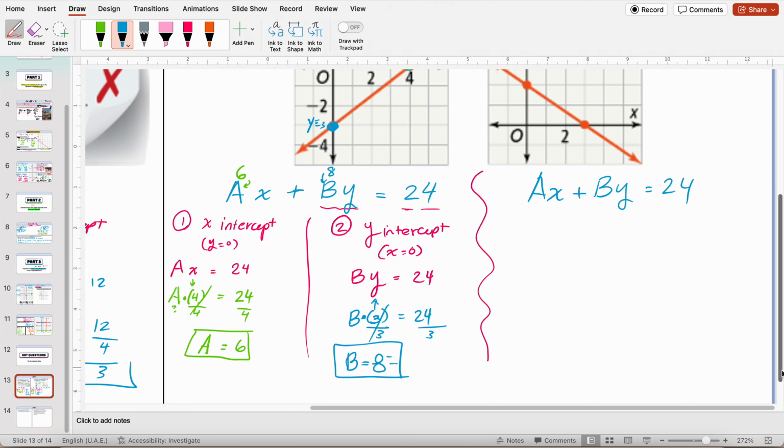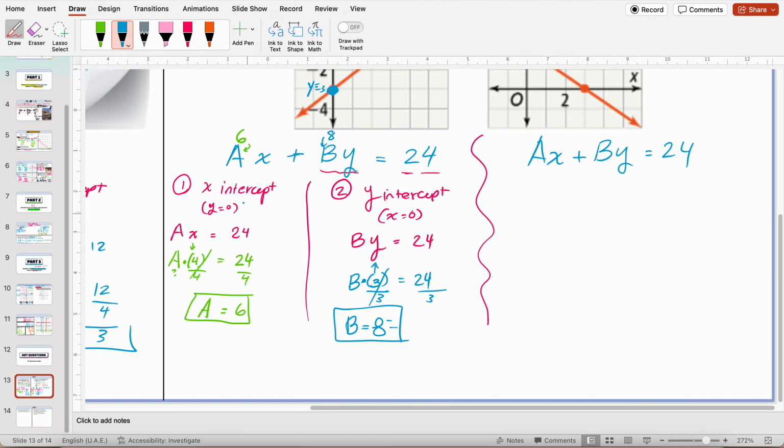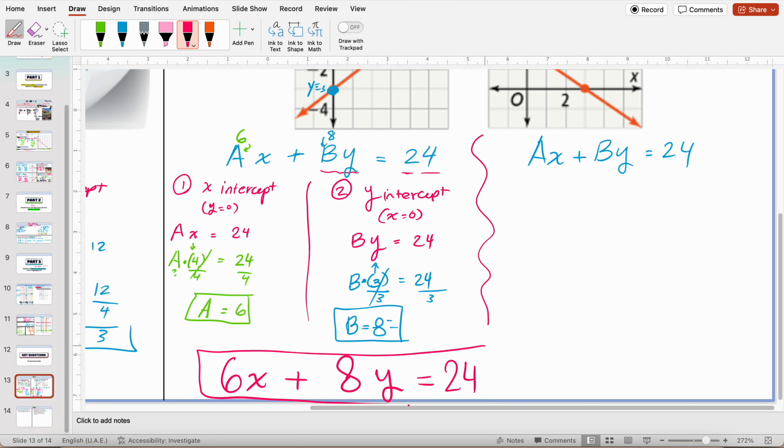So my equation in standard form looks like the following: a is 6x plus b is 8, y equals 24. So to find a and b, substitute, oh sorry, it should be -3. What a huge mistake. This is -3, so it should be -8.